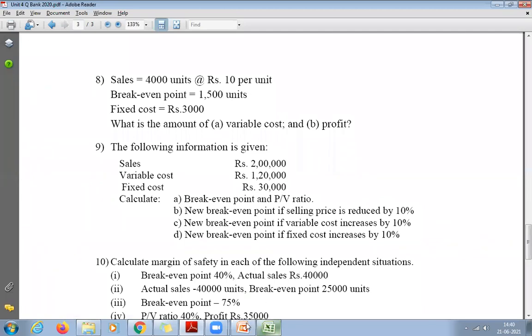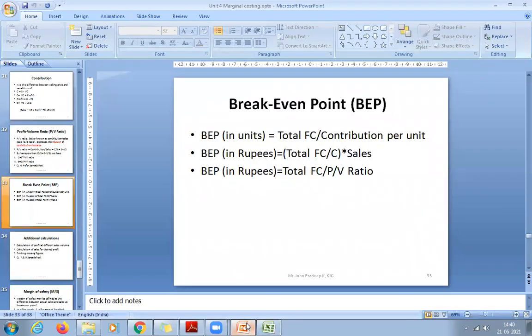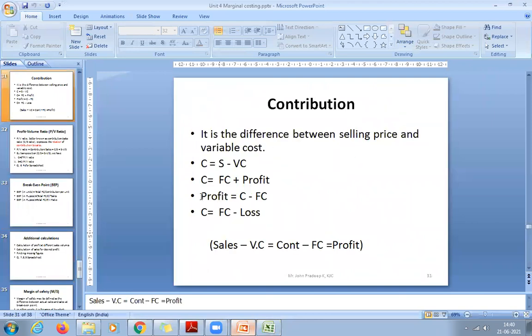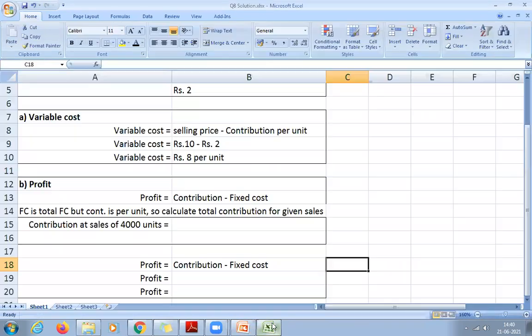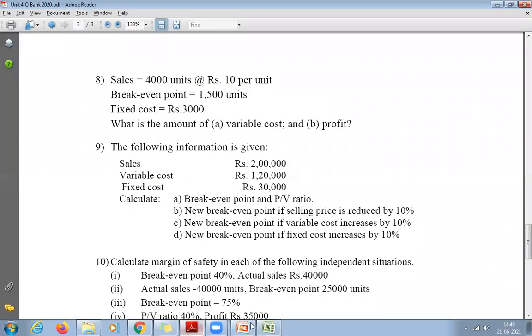We already used this formula earlier: profit is equal to contribution minus fixed cost. Fixed cost is 3,000, but the contribution I got is rupees 2. Can I subtract that from fixed cost?